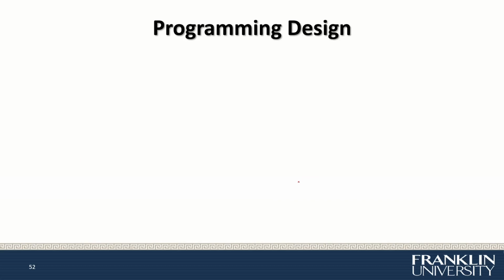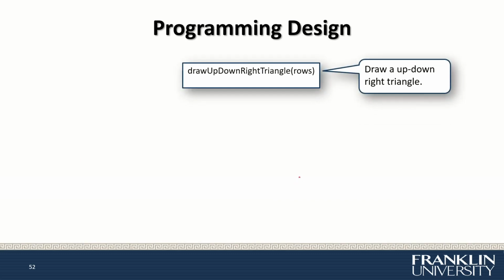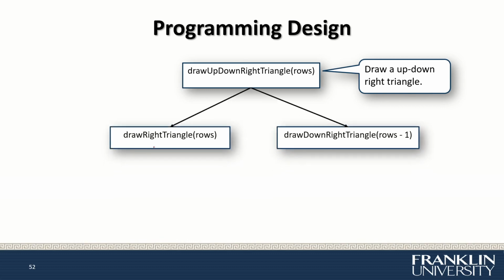So let's do some brainstorming. Draw up, down, right triangle. I just made up a name. You can draw the right triangle with the given number of rows, and then you can draw the down right triangle with 1 less row.